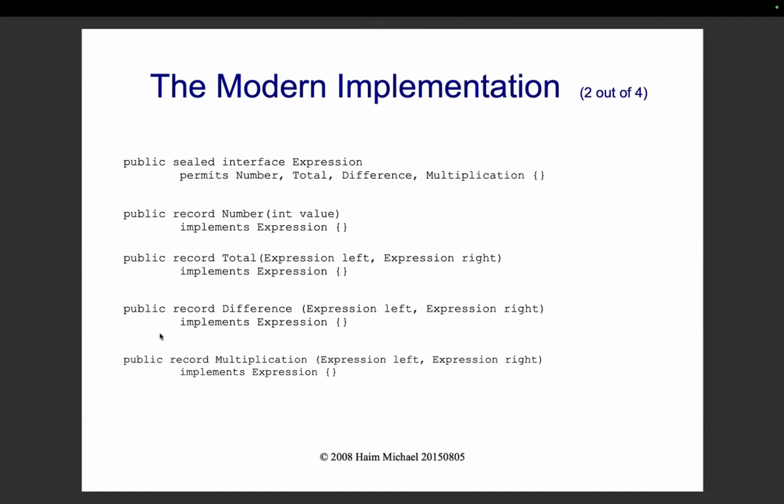We still have the interface expression, but now, in order to cover all options when we use pattern matching, you will see that shortly, we mark expression as a sealed type and specify that the only classes that can implement this interface are number, total, difference, and multiplication. And you have them, those record classes, over here.